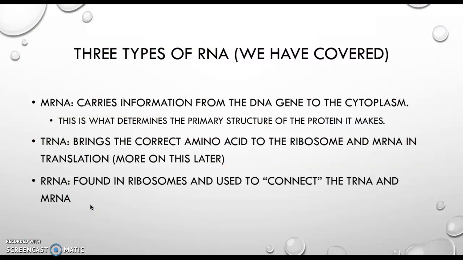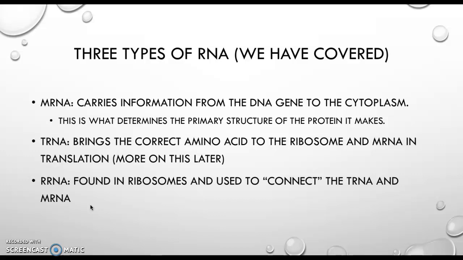All right, so in Bio 1, we worked pretty extensively with these three types of RNA. And the good news is all of these forms of RNA still do exactly the same thing that they did when we talked about them then. The three types of RNA we've already covered are mRNA, or messenger RNA, which carries the DNA message of the gene to the ribosome in the cytoplasm or on the rough ER.